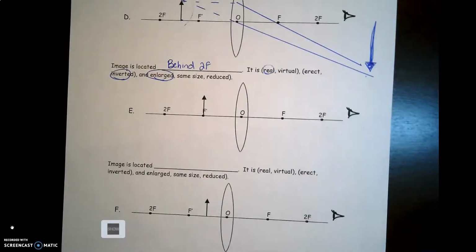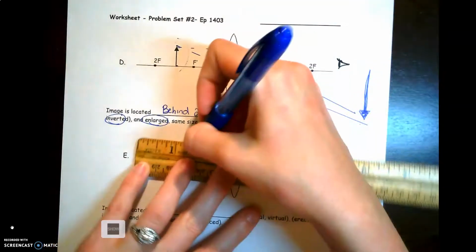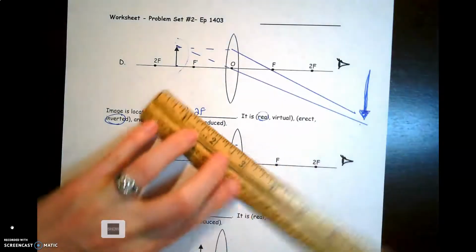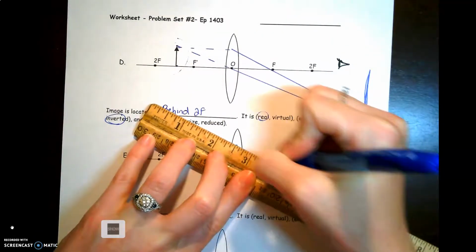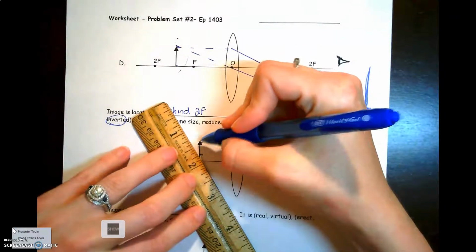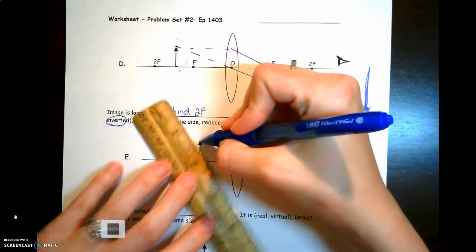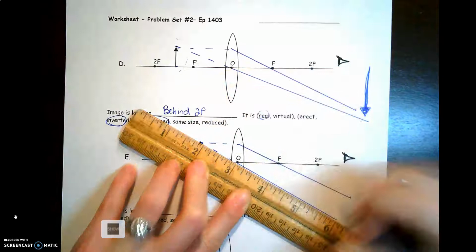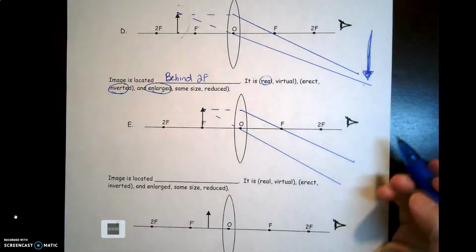For E, we're going to go parallel to P for this object, using the same steps we have been using. Once we get to the center of the lens, we're going to go through F. Our second incident ray, we're going to start at the top of the arrow and then keep going straight. If my lines were perfect, these lines would be parallel.